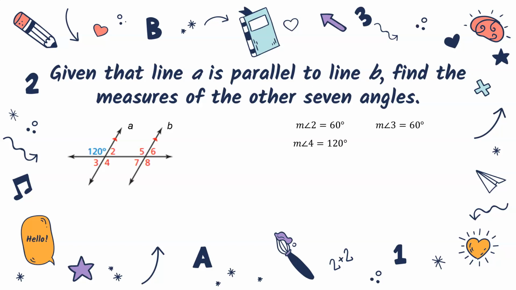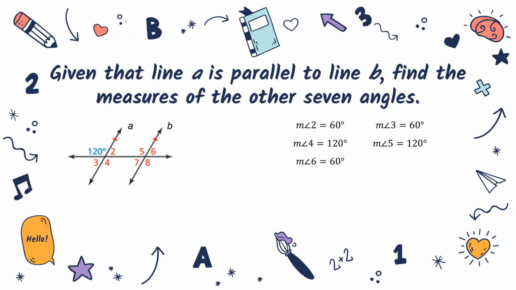When they're in the same spot, they have the same measure. This is also 120 degrees. Angle 6 is a consecutive exterior angle with 120, which means it's on the same side of the transversal, outside of the parallel lines. This adds up to 180 degrees. So I want to take 180 and subtract the 120, and I get 60 degrees.